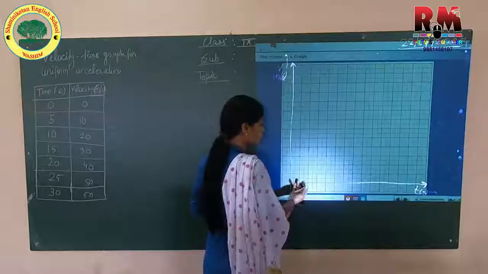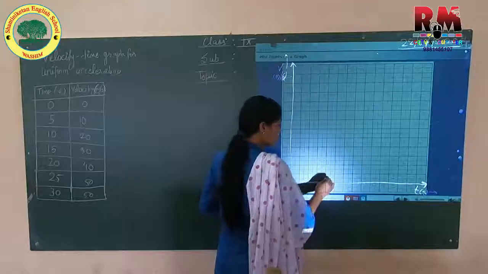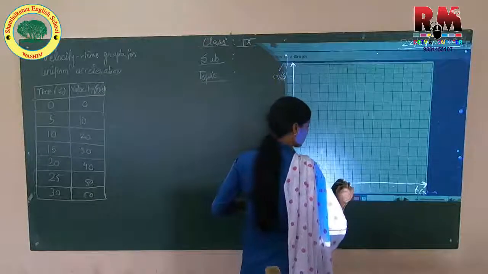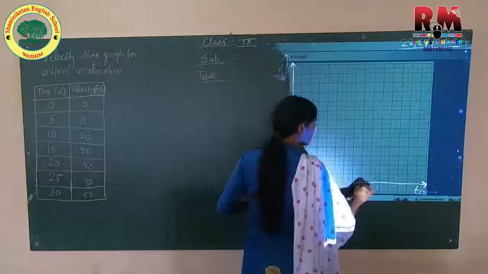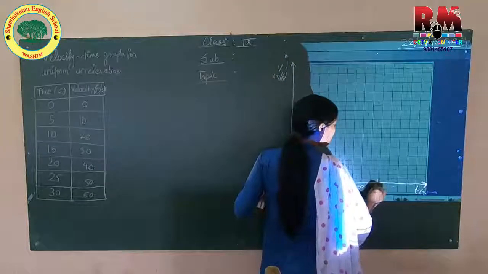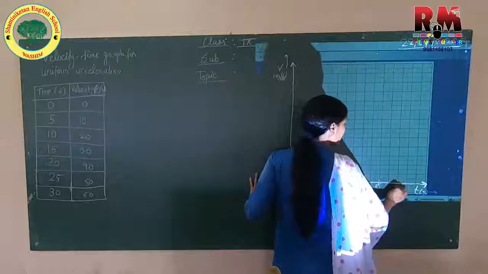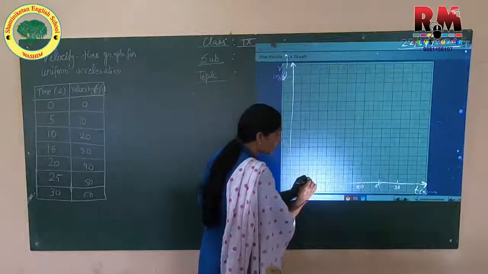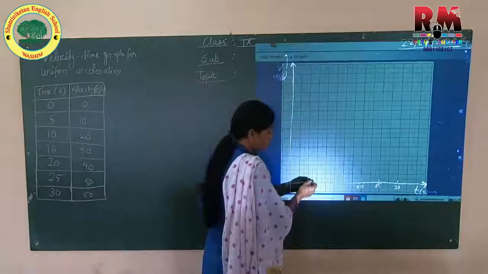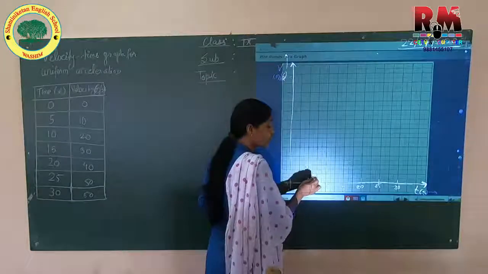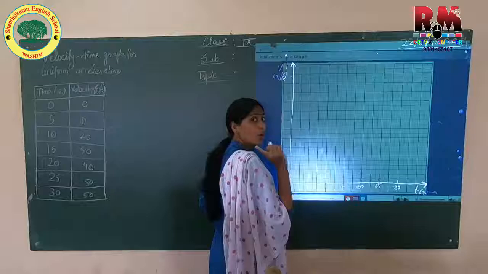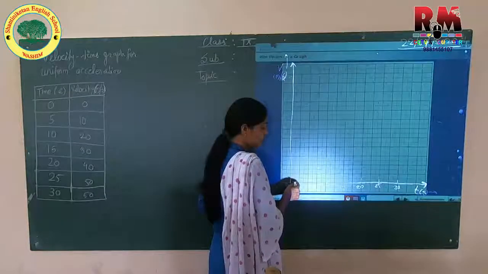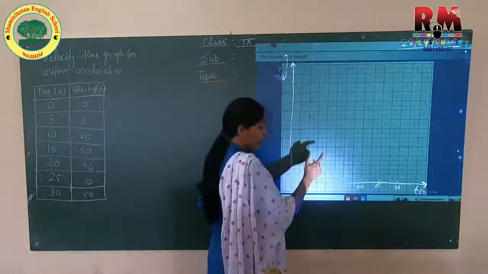I'll use two boxes for each interval: 5, 10, 15, then 20, 25, 30. I'm repeating, children, please mark this on a dark line. Do not use any other in-between lines, or if you are using, better write in the scale what you are taking, whatever value you are taking, you have to write it.